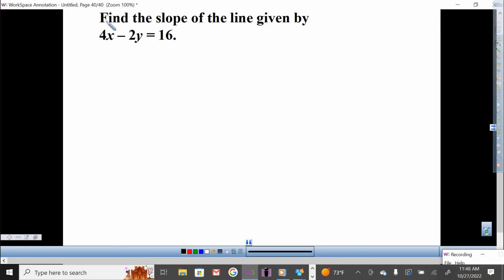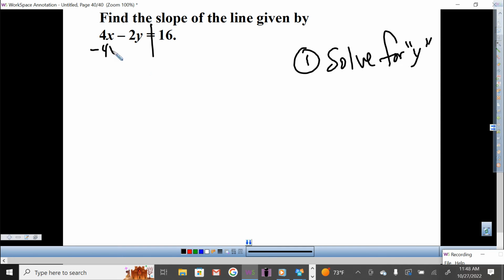What would you do with that if you didn't have any words there? Solve for y. Haven't we been practicing that on the warm-ups? Yes, let's solve for y, which means minus 4x minus 4x, negative 2y equals negative 4x plus 16. Divide by negative 2, divide by negative 2.